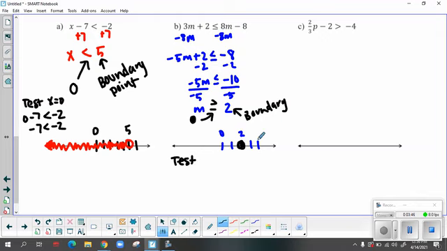So I'm going to test the number 3. So 3 times 3 plus 2 should be less than or equal to 8 times 3 minus 8. And that is true. So I am going to shade over that side.